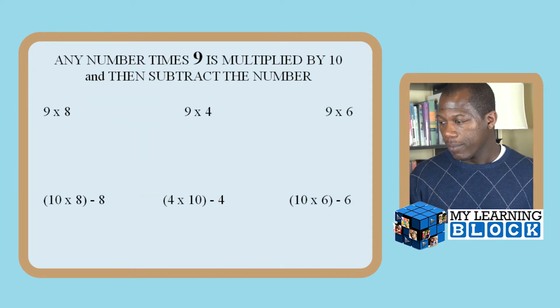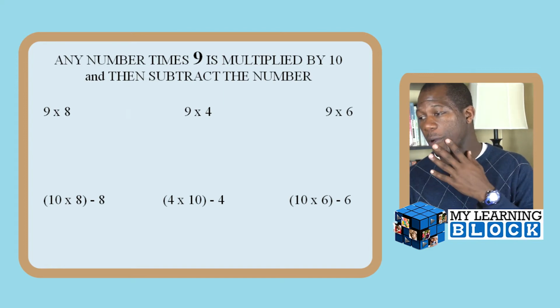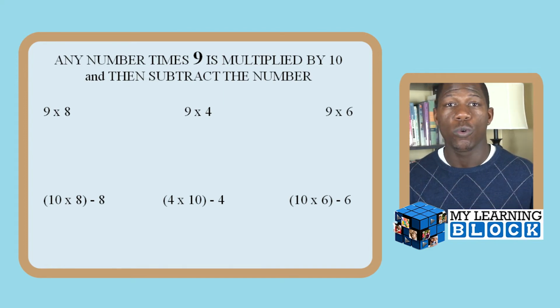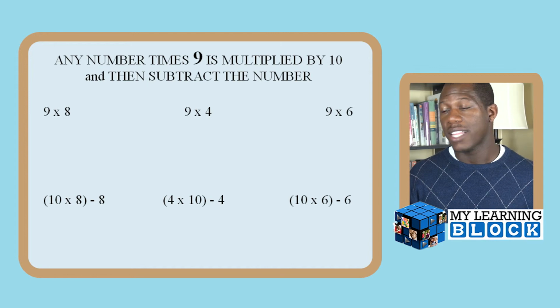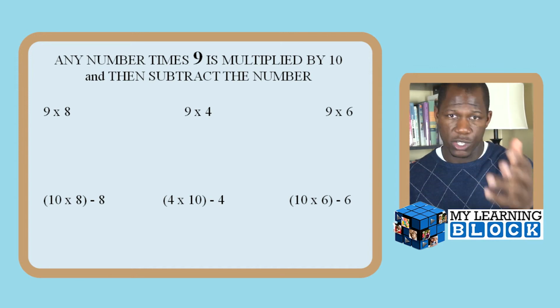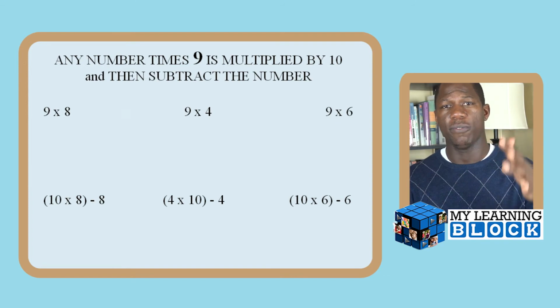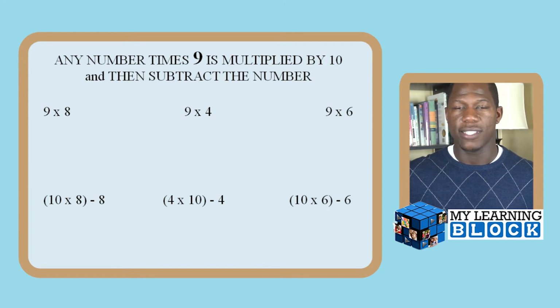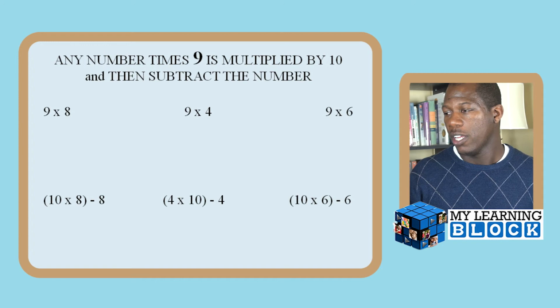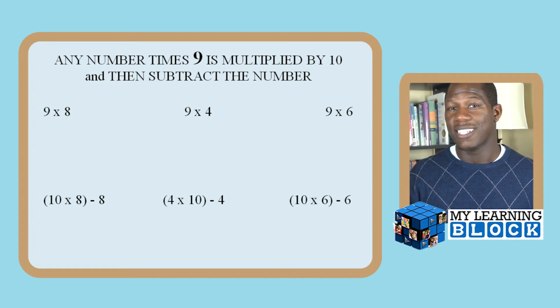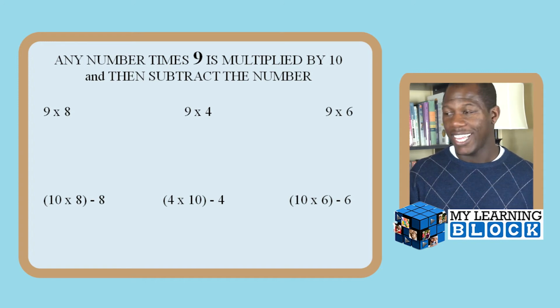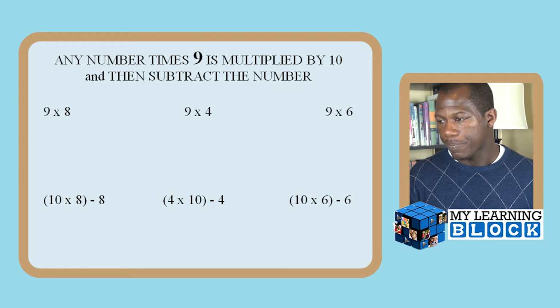Now, let's look at another rule for 9's. Most children, your child probably understands the 10s, 20s, 30s, 40s, 50s, etc. They understand that pattern. So for any number times 9, you multiply by 10 and then subtract the number.